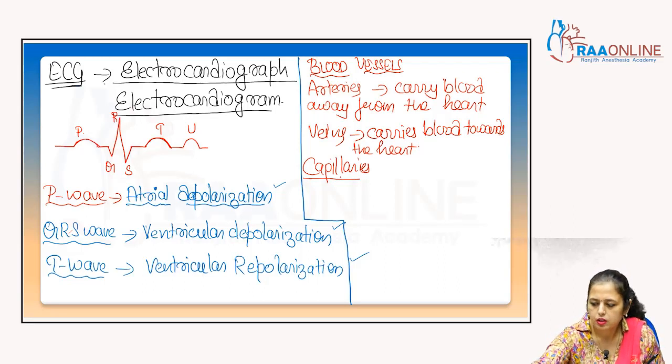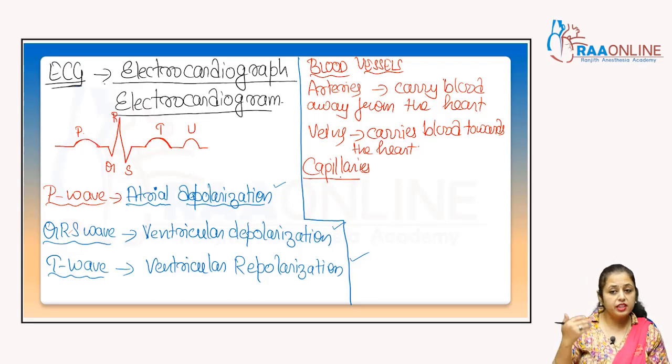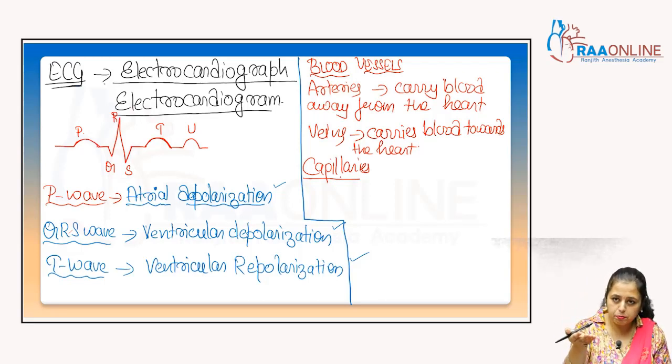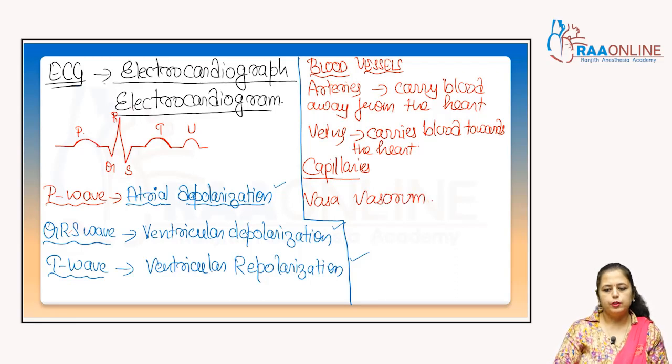Clear? So you just have to learn it. Clear? And the larger vessels which provide the blood supply to these are called the vasa vasorum. These are called the vasa vasorum, right?